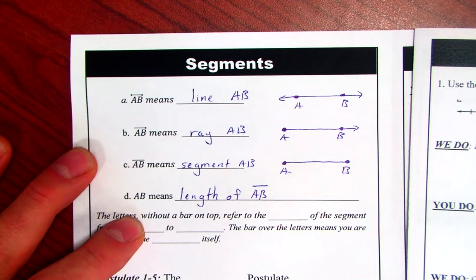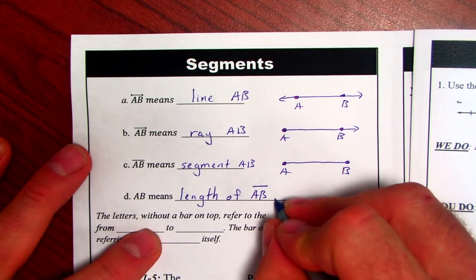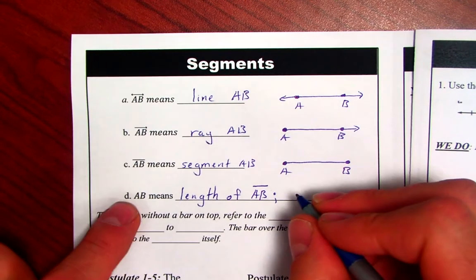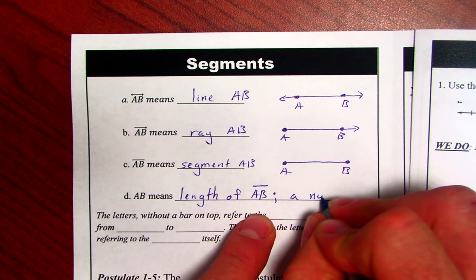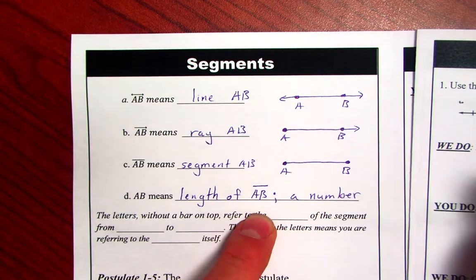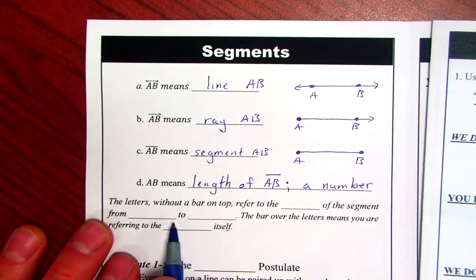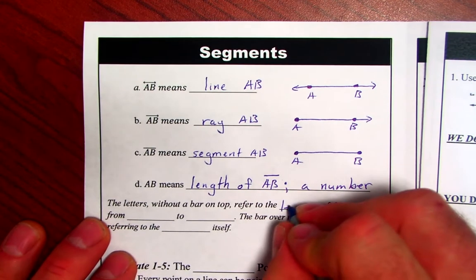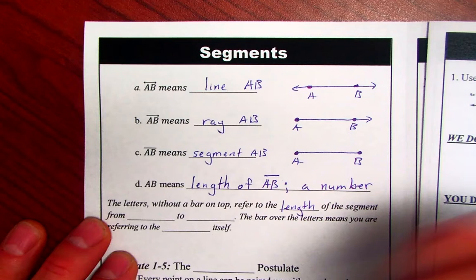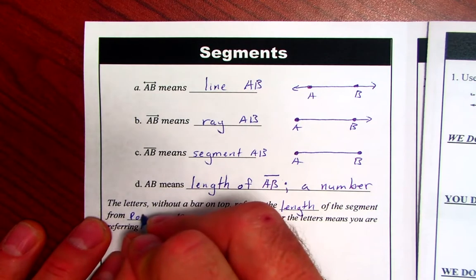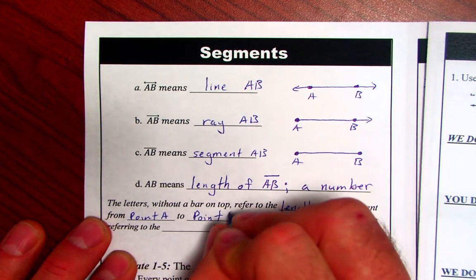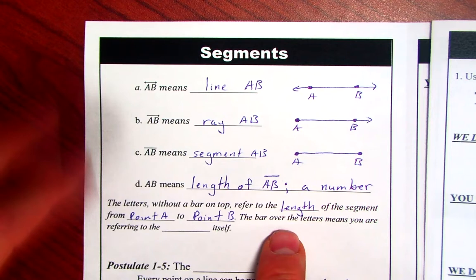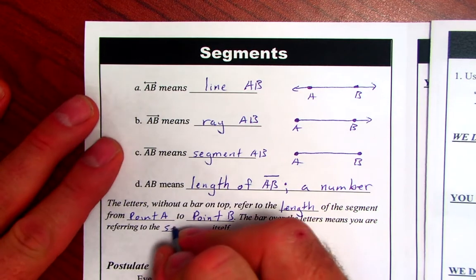And because we were talking about a length, not a figure, we're going to say that this notation is always going to be equal to a number or an expression. Okay, so the letters without a bar on top refer to the length from point A to point B. And the bar over the letter means that you are referring to the segment itself.